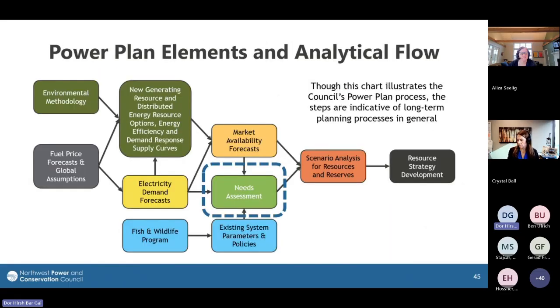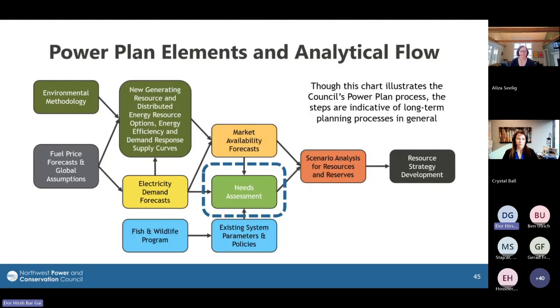The overall flow, again, this is the power plan, but this is structurally similar to any IRP. There's a process that you do in your needs assessment, and your adequacy assessment comes in the middle and the end. In the middle, you use the adequacy results to directly relate to the planning reserve margins or adequacy reserve margins that feed into your resource decisions.